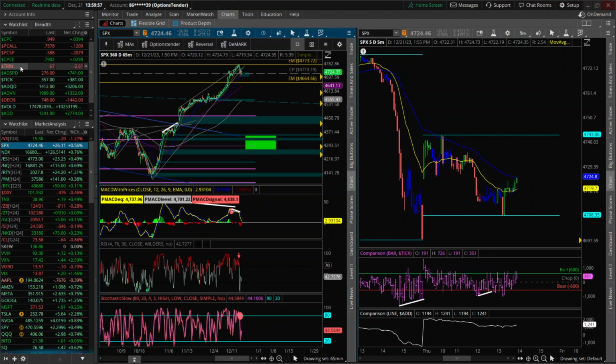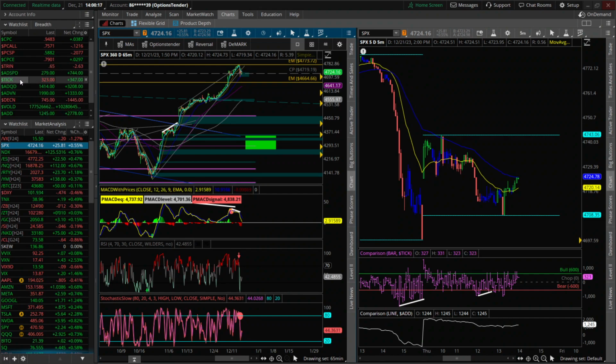We have trend, which is volume based. We have that indicator on at all times to see what's going on in the New York Stock Exchange between advancing volumes as opposed to declining volumes. And that's our advance decline for the S&P.